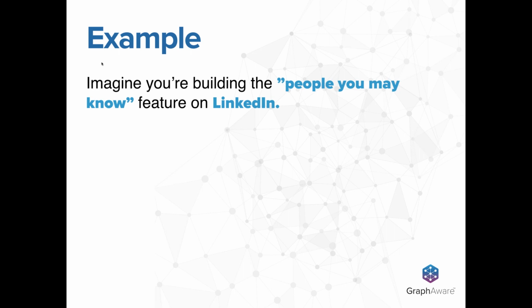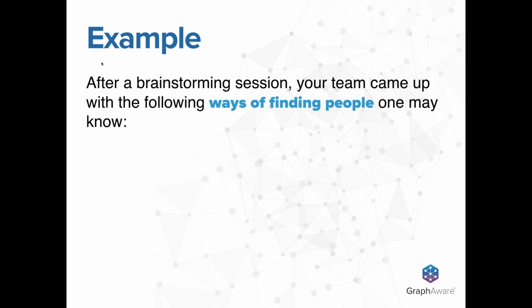So when I'm delivering this presentation live, I'm asking people to come up with a few ideas about how you would go about building that engine. How would you know that somebody might know somebody else?